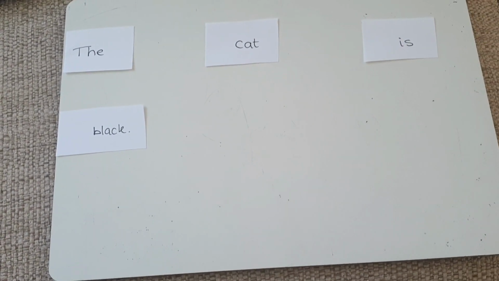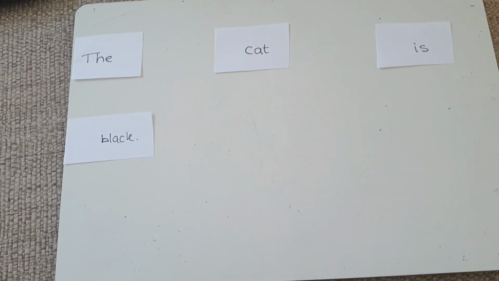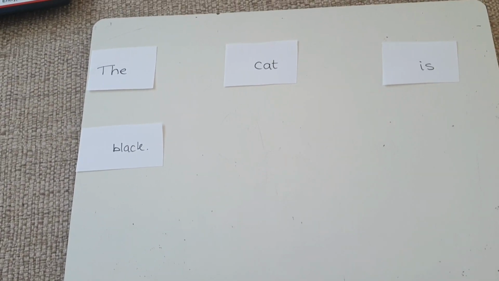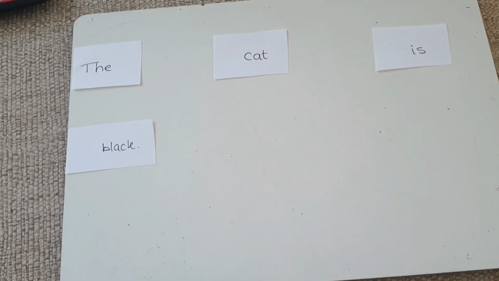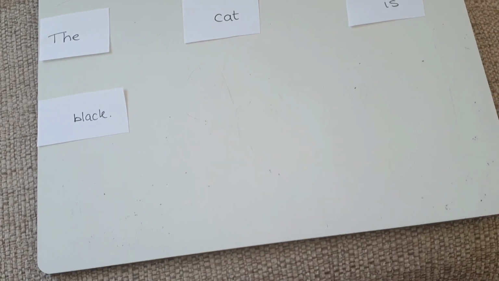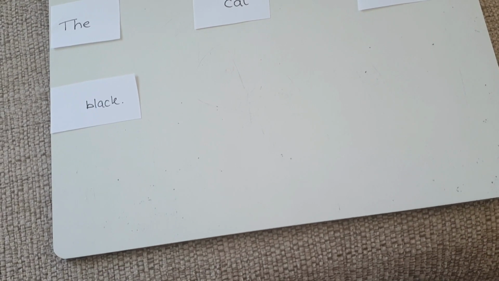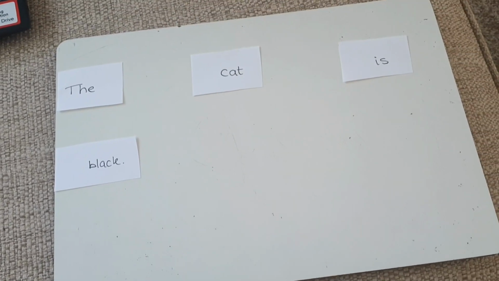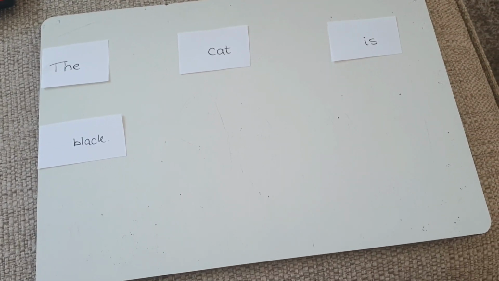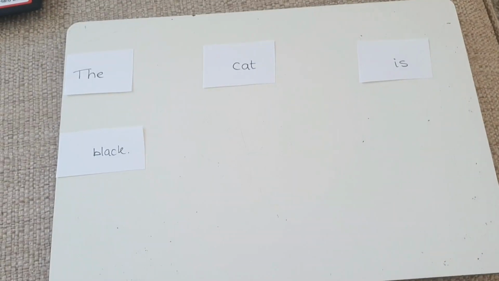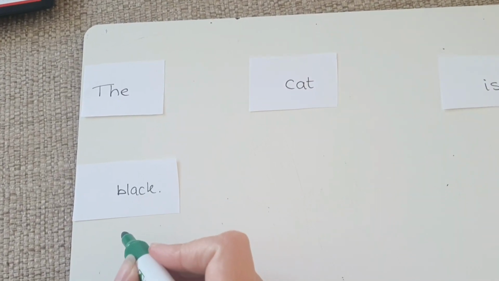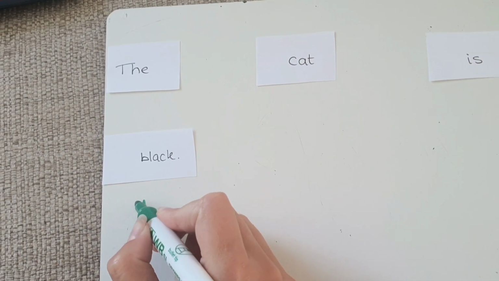And then what I want you to do, once you've remade your sentence, is in your book, you could stick this in your book and then underneath you can have a go at writing it yourself. So in your book, you can then have a go at copying the sentence underneath.